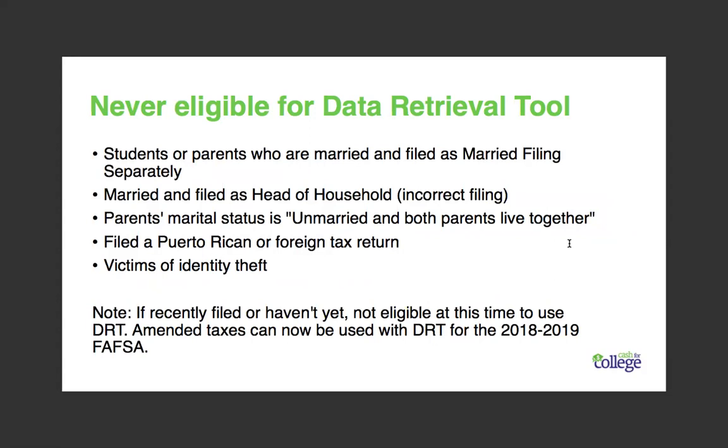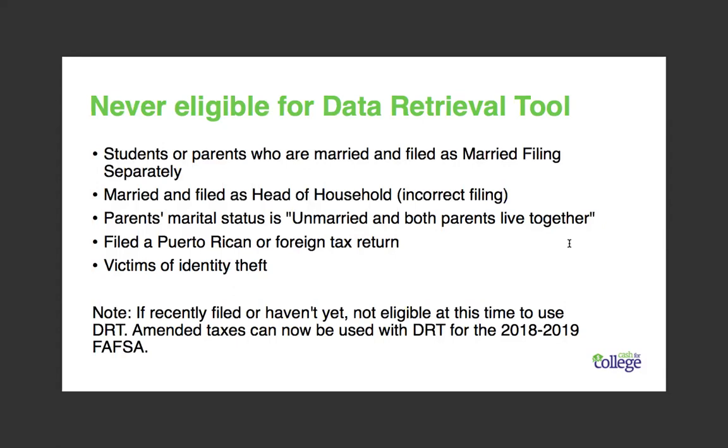The next would be parents whose marital status is unmarried and both parents living together. They filed a Puerto Rican or foreign tax return. Victims of identity theft. And also, if you've recently filed or haven't filed, you won't be eligible to use the data retrieval tool.